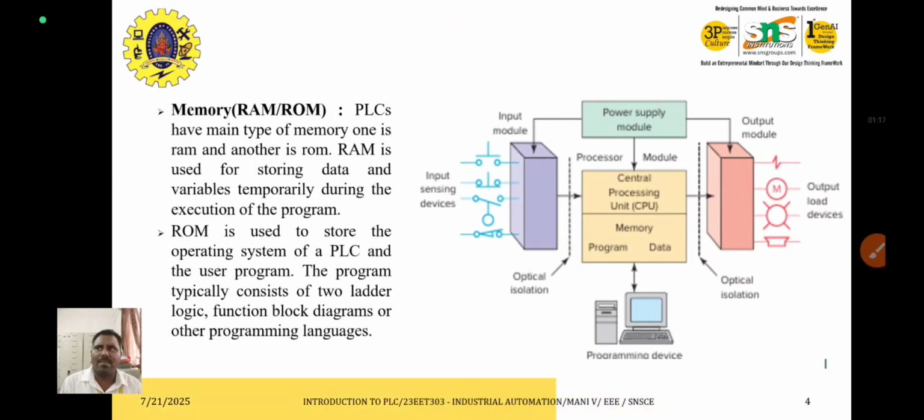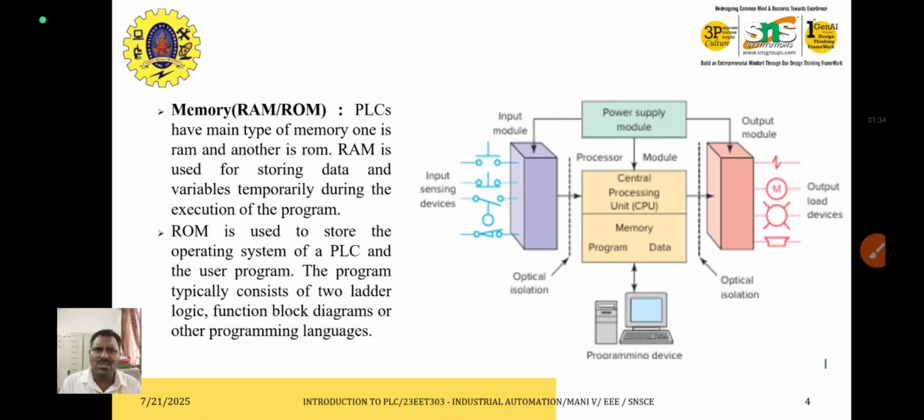Here the CPU has two sections: one is called the processor and the other is called the memory. Normally it has two types of memory: RAM and ROM.